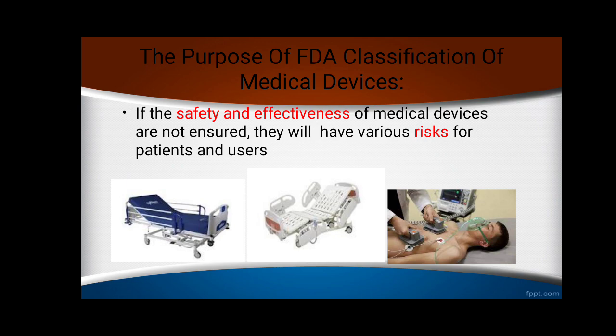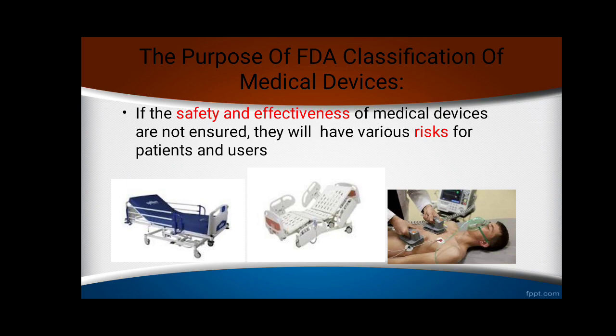patients and their users. For example, here we have three medical devices with different classes. The first device is a mechanical or manual hospital bed. The FDA class of it is Class 1. If a mechanical hospital bed doesn't work correctly, it will not cause death or serious injury.